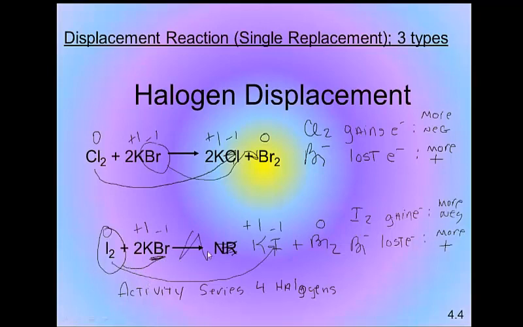So this reaction is not going to happen. Poor iodine never gets to replace any of the halides in any of the compounds because, of course, he's at the bottom rung of the ladder. So the displacement series for halogens comes off the periodic table, and you can only replace below you, never above. So that ends part 1.